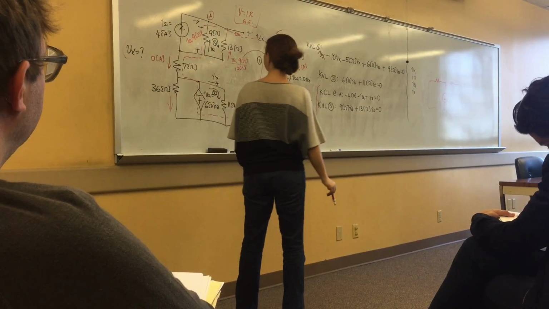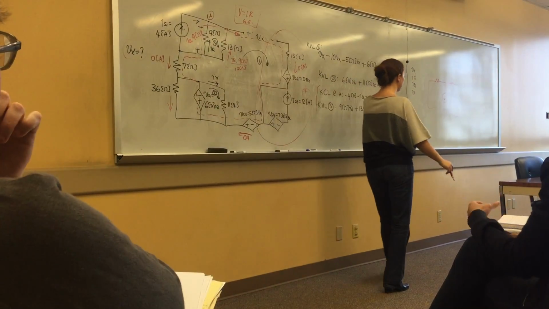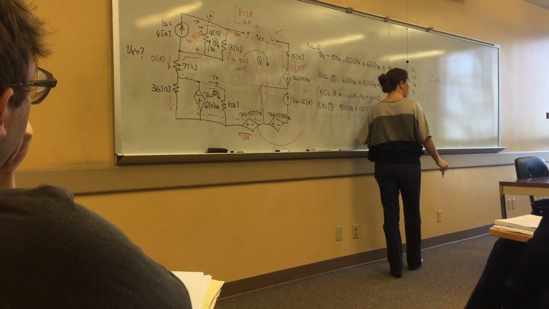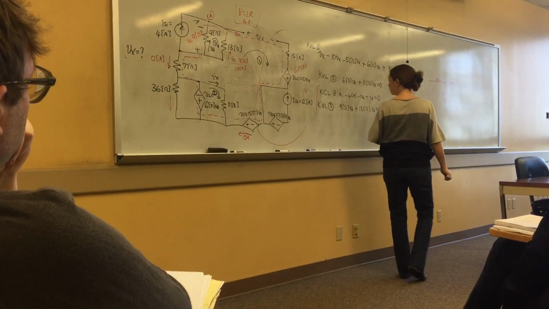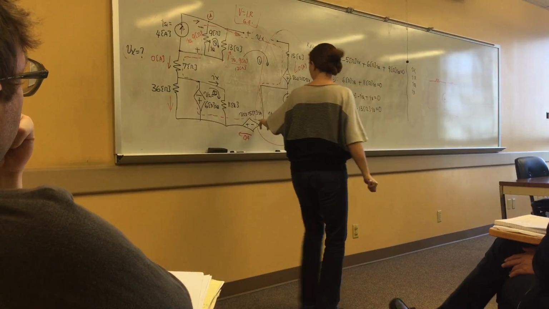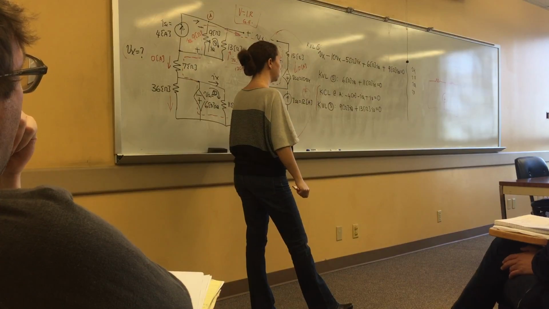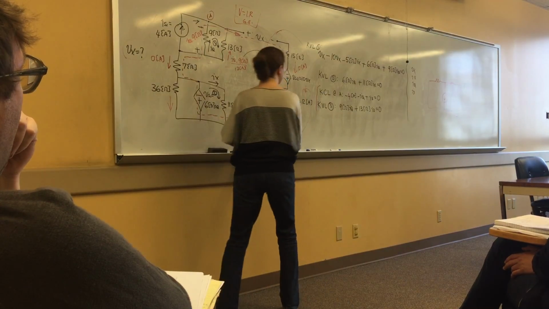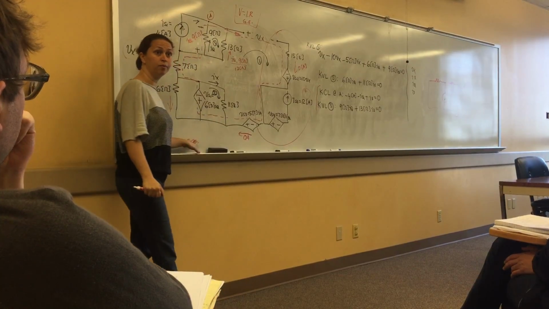Well, Ix is an unknown, right? When you solve those 4 equations, you will get all those variables. But that's voltage. There is a voltage here, but the current through it is 0. Okay? Questions on that?